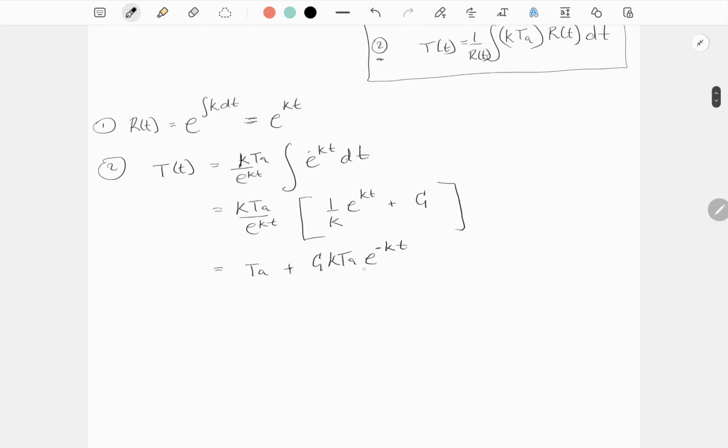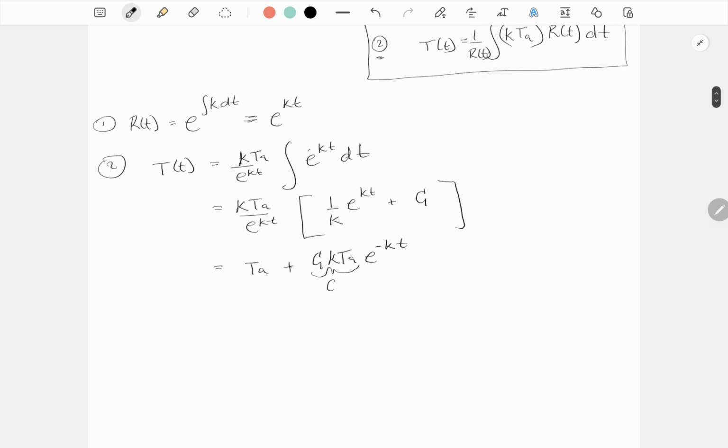Awesome. All of these things right here are just constants. C naught, let's call it, so then the solution is the ambient temperature plus C naught e to the negative kt.